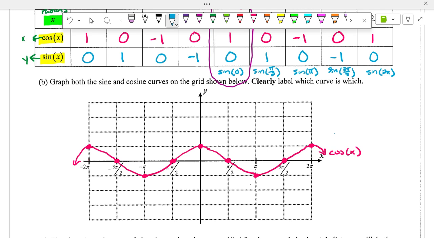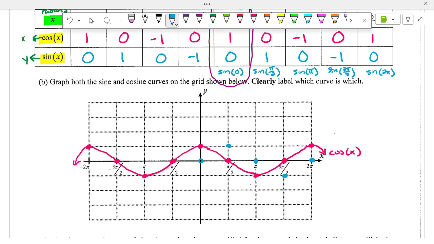I'm going to do the same thing for my sine. So I'm going to start at the y-axis again. So I'm going to start at x equals 0. So when x is 0, y is 0. Then it goes to 1, 0, -1, 0.